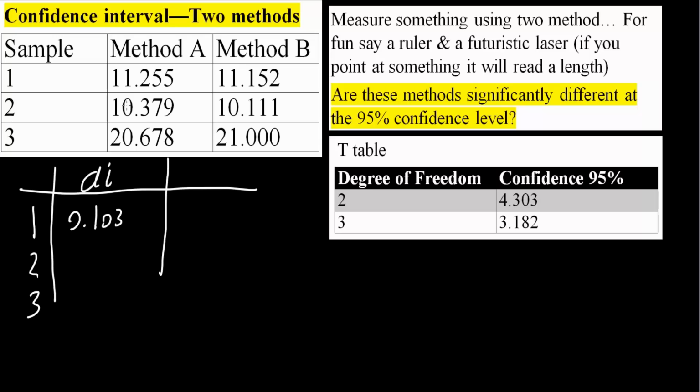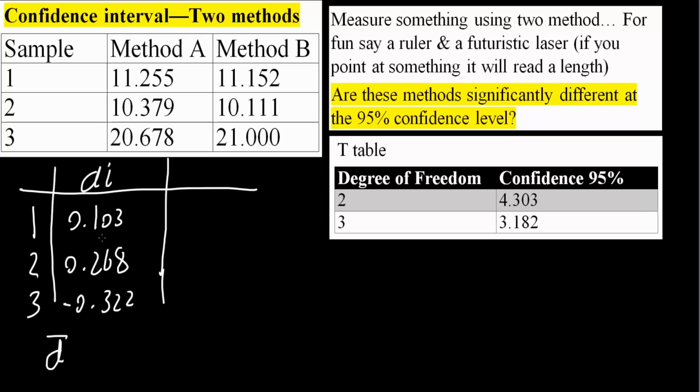Likewise, we do 2, 10.379 minus 10.111, and we would get 0.268. And finally for 3, 20.678 minus 21, and we would get negative 0.322.